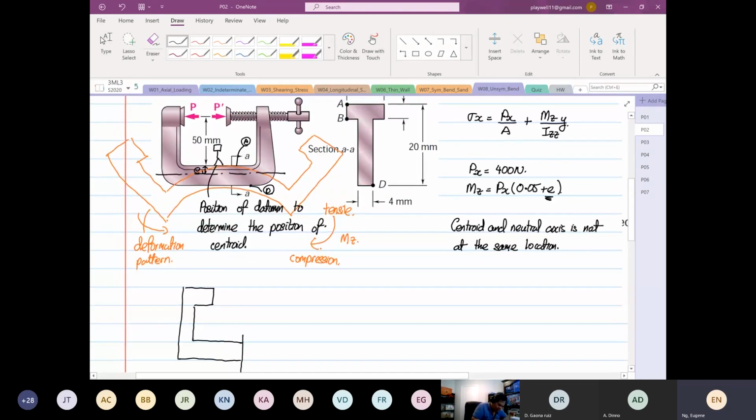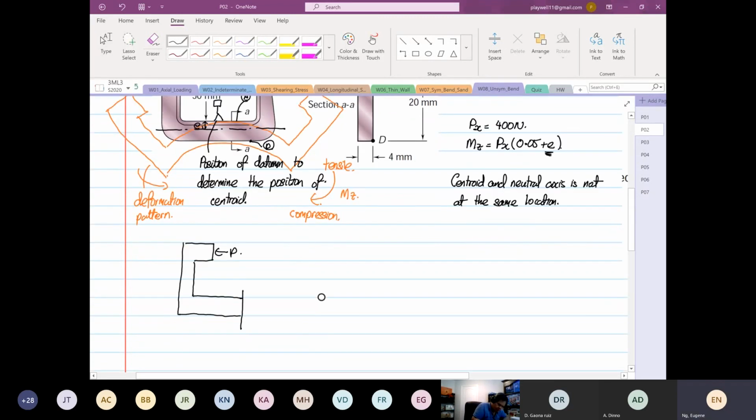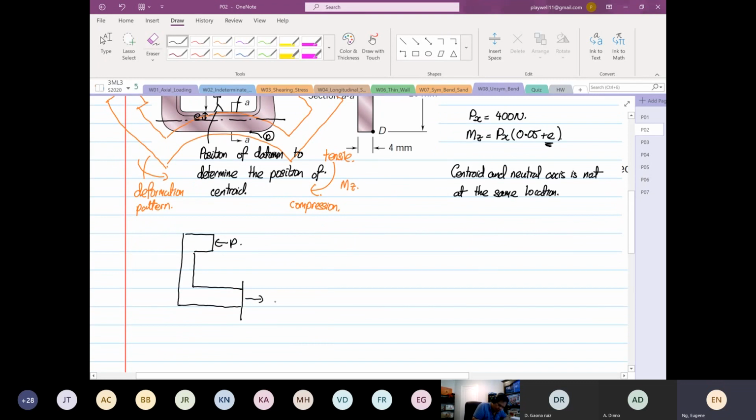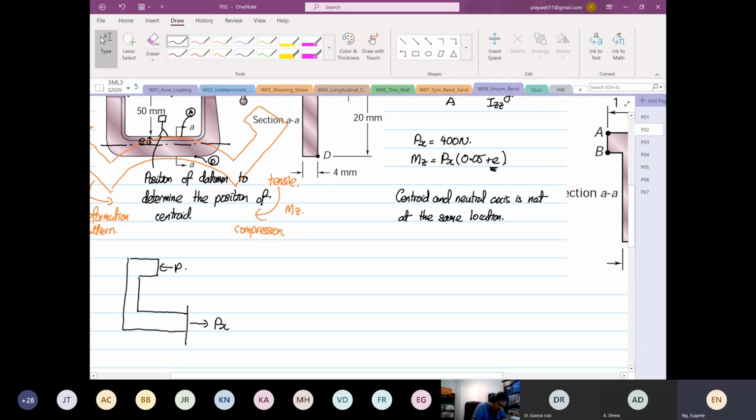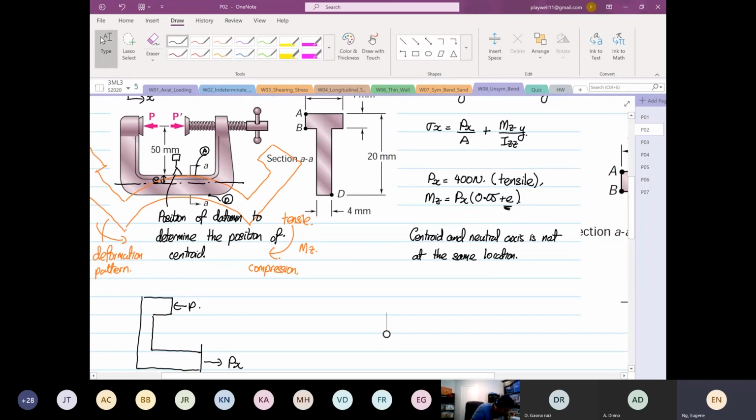So we know that we have a force going in as P, right? Action equals reaction. This will be your Px, right? So we know that the Px, now we know that this will be generated what? Tensile. Okay, it's hard to see down here.